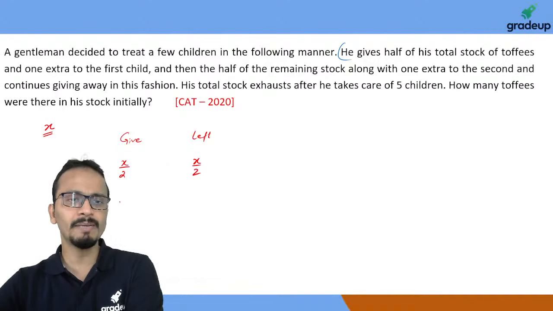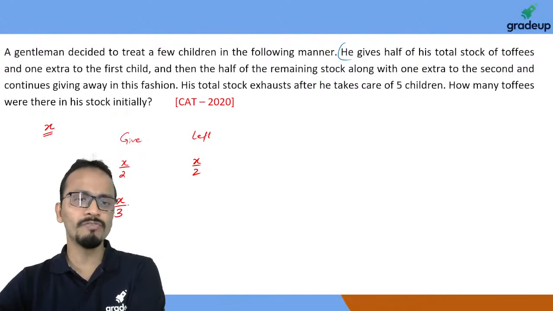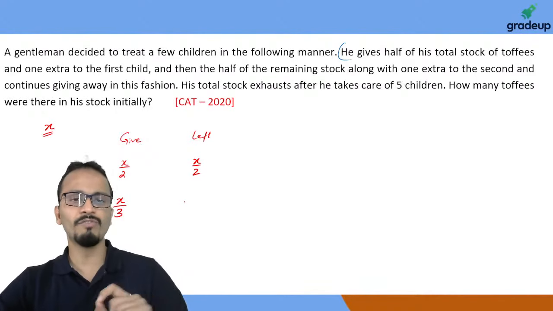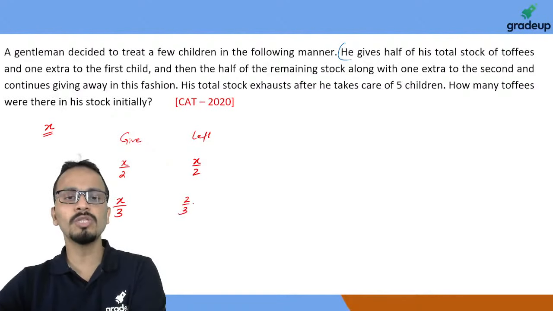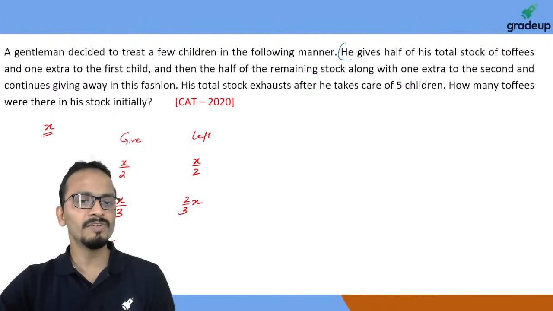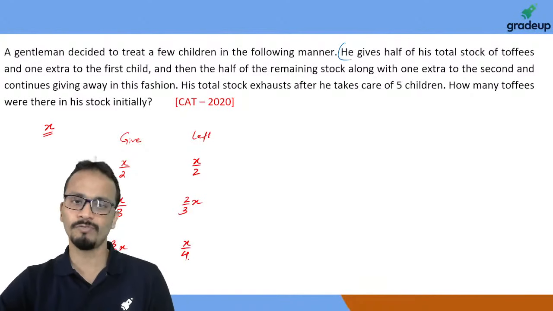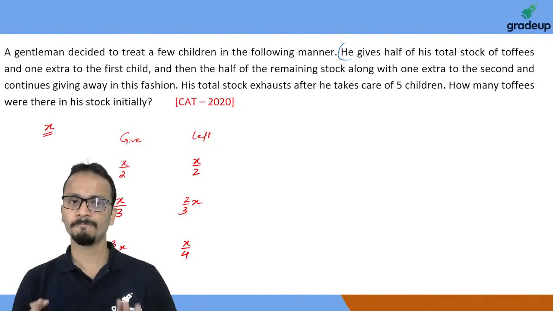Likewise, in some questions they may say that if he gives 1/3 of his stock, then obviously he'll be left with 2/3 of the stock. Similarly, if he gives 3/4 of the stock, he'll be left with 1/4 of the stock. So this particular thing is what you need to take care of.